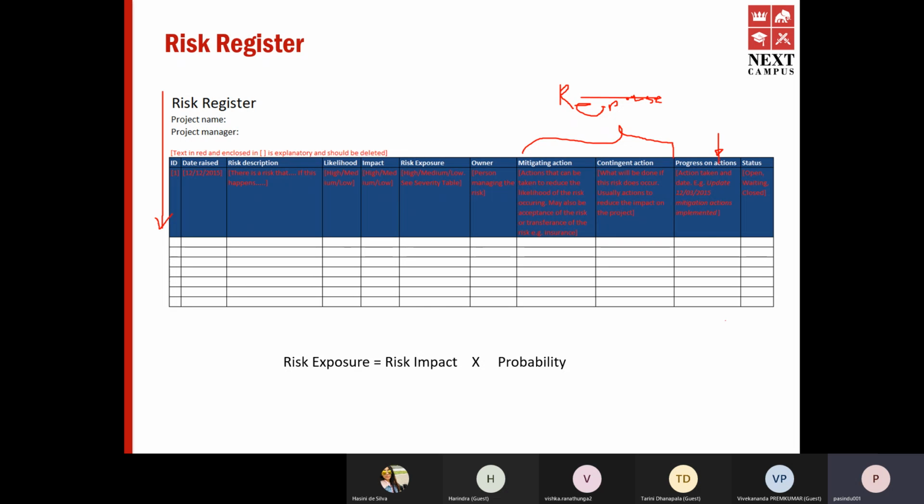Prem, Harindra, Tarini, do you have any questions? Mr. Pasindu, when we are categorizing risks as low, medium and so on, which perspective do we have to use?